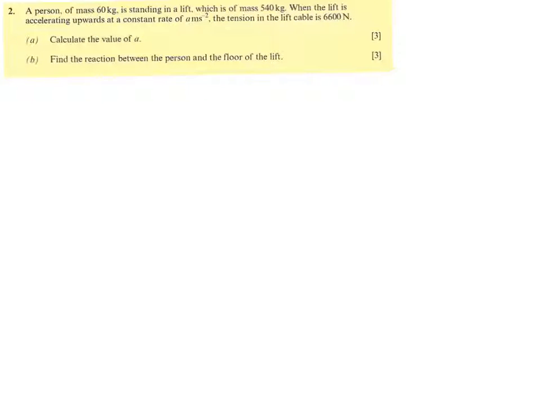So the diagram is really straightforward. There's my lift, the tension going that way, and I've got a person in the lift. There's my excellent drawing, little man in a lift. The lift has a mass of 540 g.